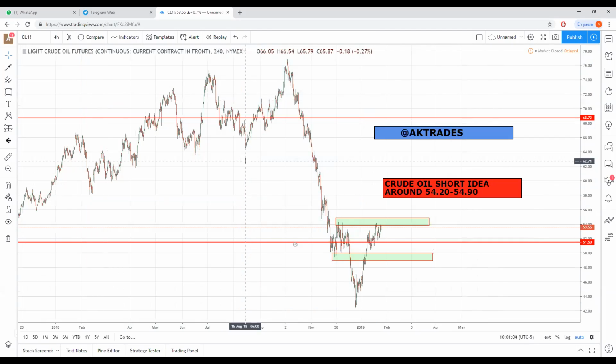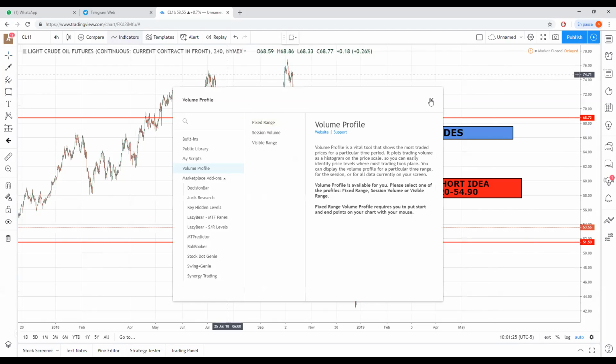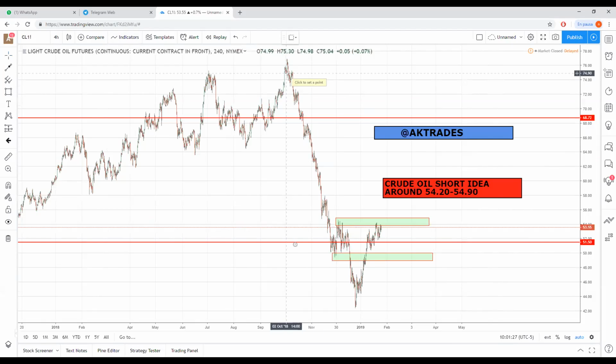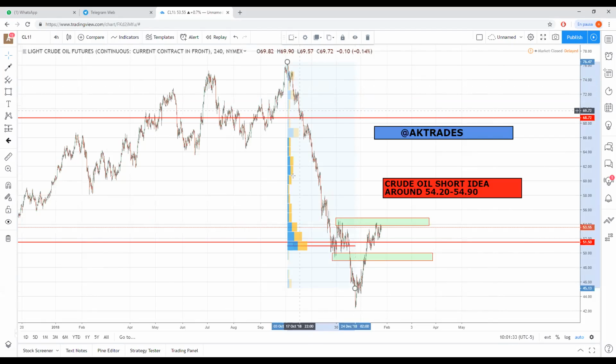So what we're seeing here is that from October 2018, this massive down move occurred, in which price went quite rapidly from $75 to $42. So if we want to see how volume behaved in this big downtrend, let's see.